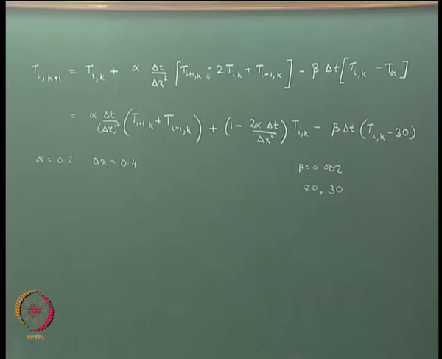Now, if you look at the board, the beta term that we have, now we need to include beta multiplied by delta T multiplied by T minus 30. Okay. So, that is the term that we are now going to include.